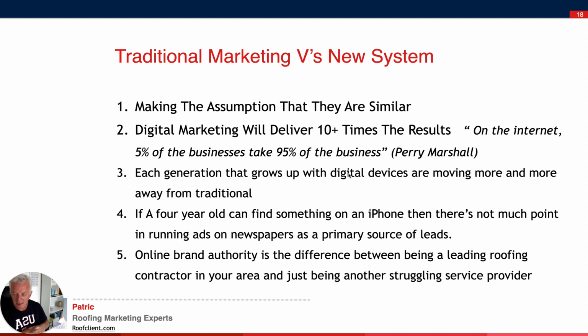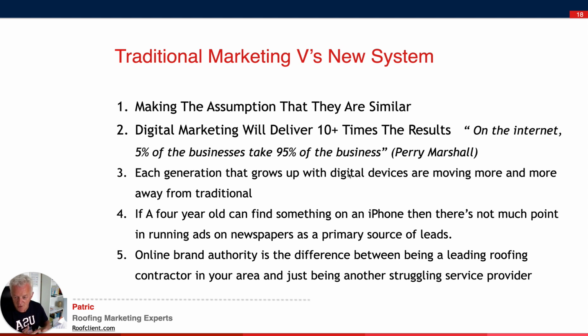In other words, how a 20-year-old will look for a service they require against a 50-year-old will be very different. If a 4-year-old can find something on an iPhone, well, running newspaper ads is questionable. It's not that it shouldn't be done.